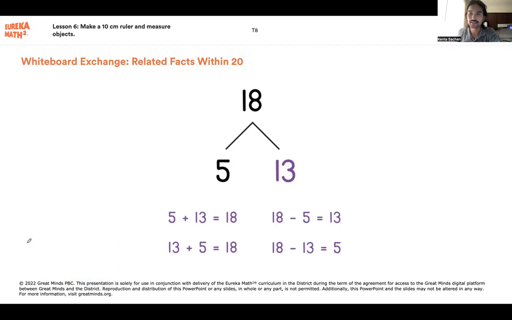So we can say, this first one, 5 plus 13 equals 18, or 18 minus 5 equals 13. Now this one, 13 plus 5 equals 18, or 18 minus 13 equals 5. Good job on reading these with me. These are going to help us a lot this year.